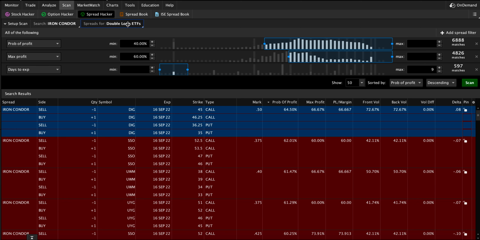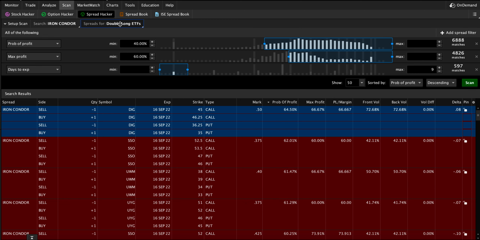I was just playing around with this, and this is an example of something I found that's a high probability setup. But the idea here is to figure out how this comes into fruition.